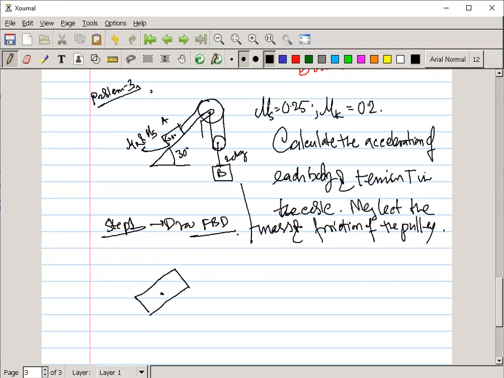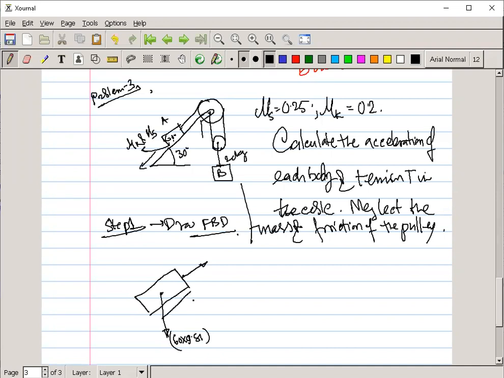See, this is your block of 60 kg. So the downward force is 60 into 9.81. Here, B is equal to 20 kg, and as per the question, there is a tension in this direction, and this block has a tendency to move downward.